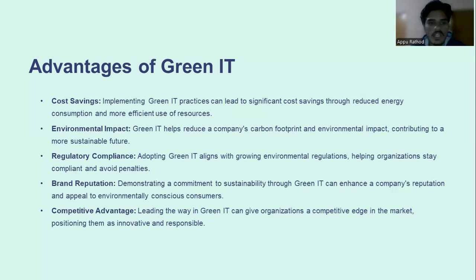And regulatory compliance. Adopting green IT aligns with the growing environmental regulations, helping organizations stay compliant and avoid penalties. Brand reputation: the commitment to sustainability through green IT can enhance a company's reputation and appeal to environmentally conscious consumers.